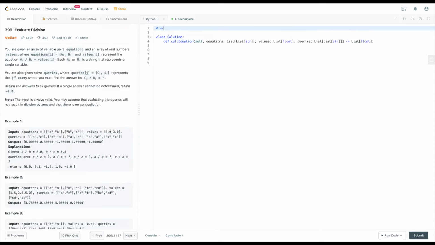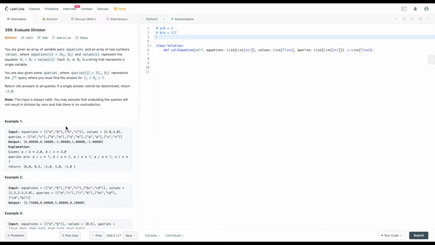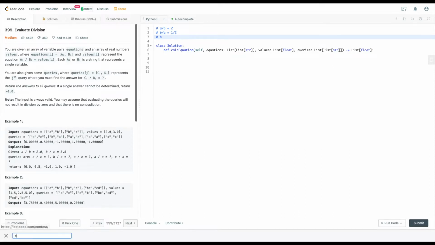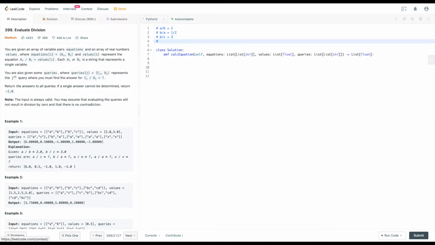So when we know A divided by B equals 2, what does this also tell us? This also gives us B divided by A, right? Which is 1 over the result of this, so it's 1 over 2. And when we know B divided by C equals 3, we also know C divided by B, like backwards, right, equals 1 over 3.